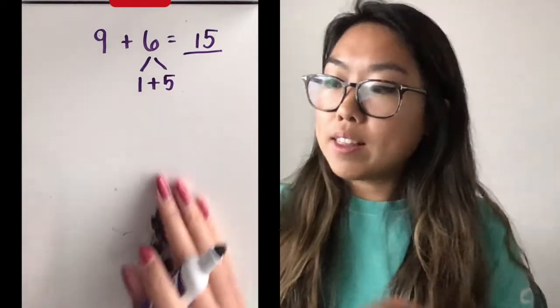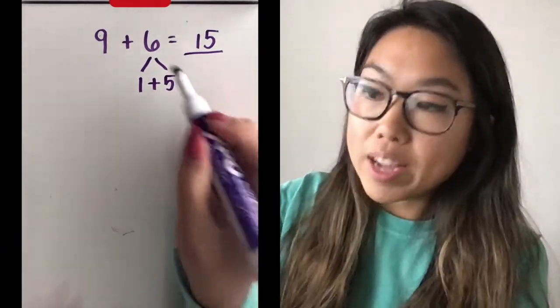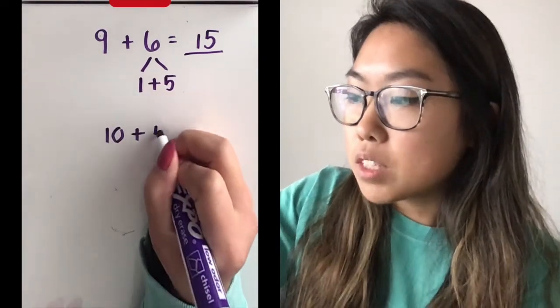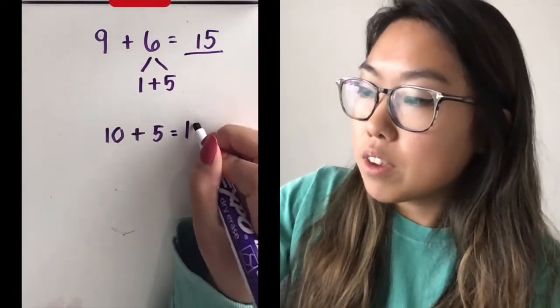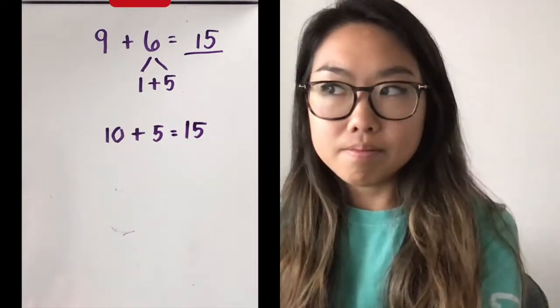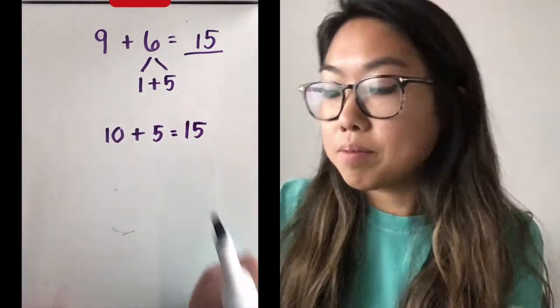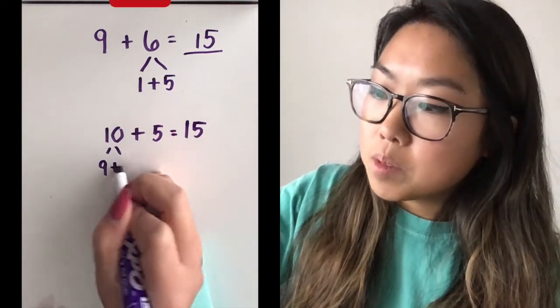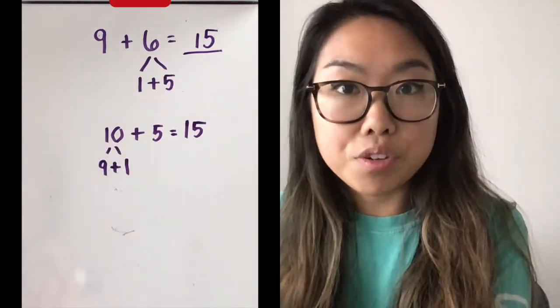When I think that out in my writing, now I can rewrite my equation. It'll say 10 plus 5 equals 15. That is how I can make a 10, because this was my 9 plus 1 that I moved over.